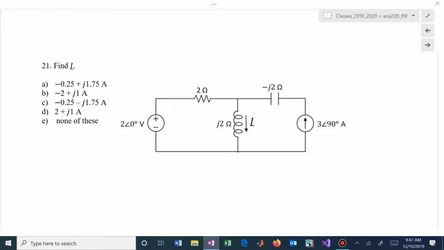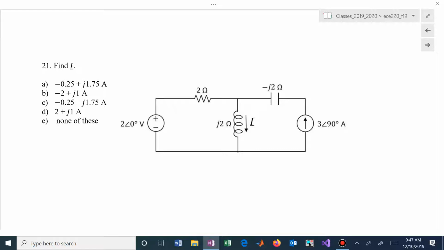How would you solve this? You could do superposition, correct, and that's really what you're doing even if you do it all at once. But I was going to do it all at once, and I was going to do mesh analysis for a change.